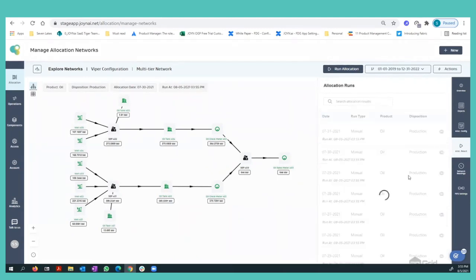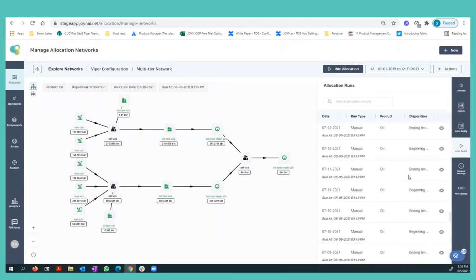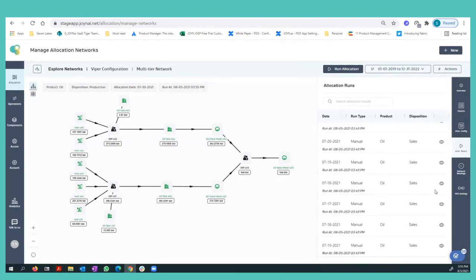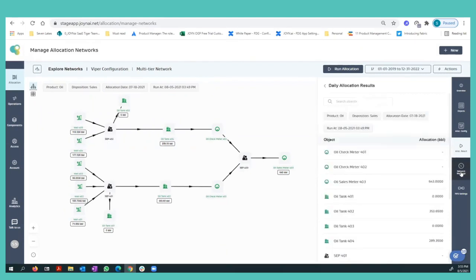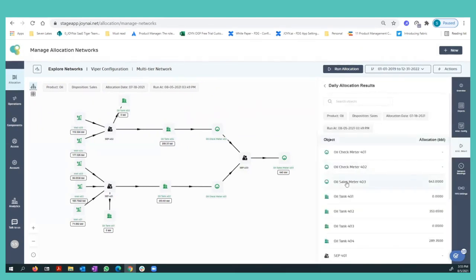Generally, production numbers don't really get affected. What really changes is the sales numbers. So if you actually go and check the sales, you would notice that the sales numbers would change.